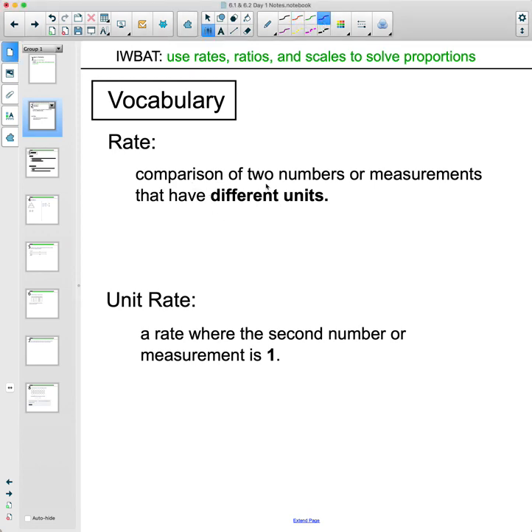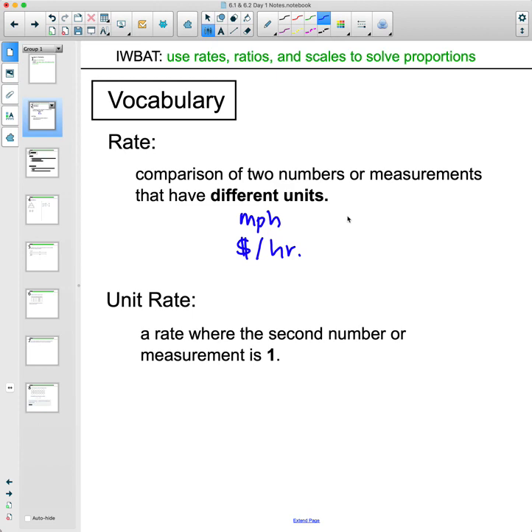Rates are when you compare two numbers or measurements that have different units. Differing units meaning they're measuring completely different things, like maybe a length or a distance versus a time, or a dollar amount versus a time. One that you'd be pretty used to would be miles per hour or dollars per hour.